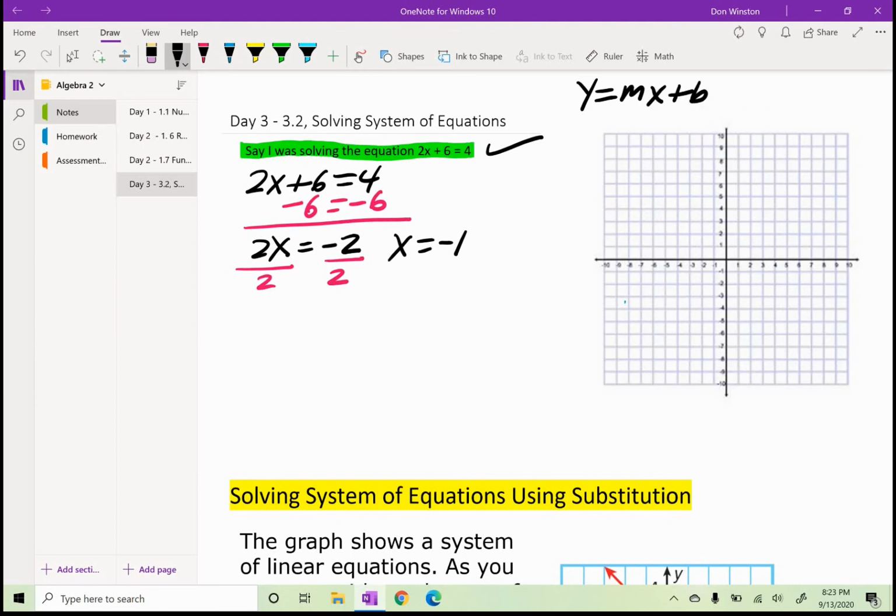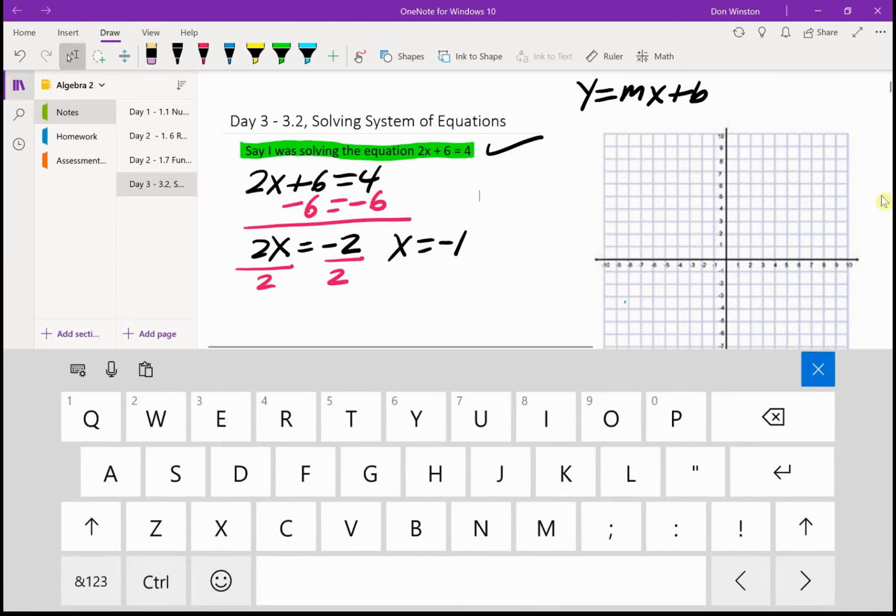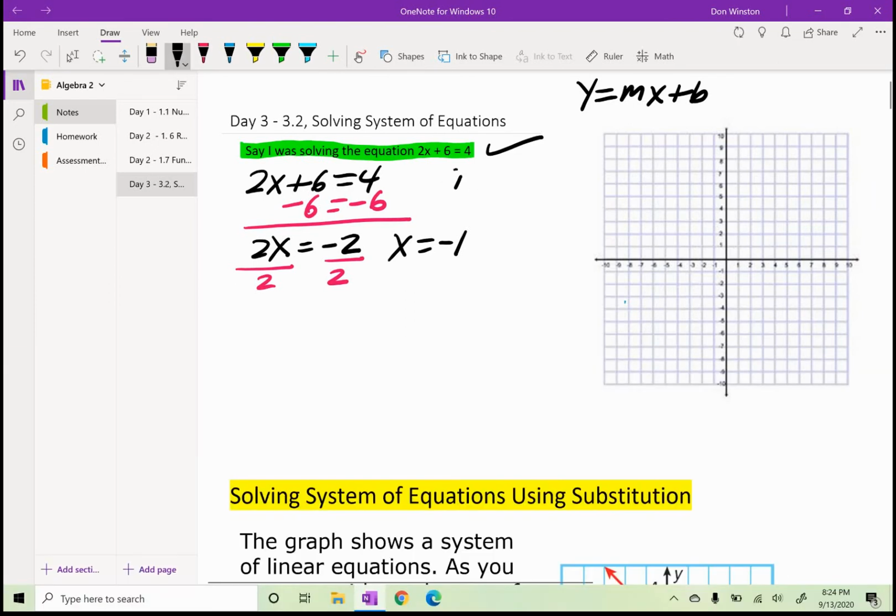In this case, the first linear equation is just y is equal to 4. In other words, my slope is 0 and my y-intercept b is 4. To recall, the y-intercept is where the line crosses the y-axis.